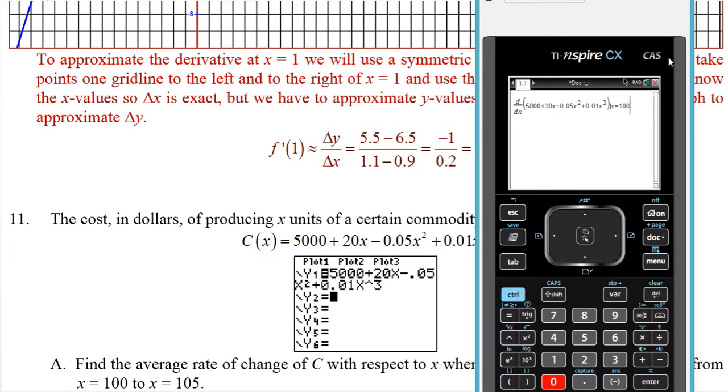Now I have the CAS version, so if I hit enter, it's going to give me an exact value. But if you don't have the CAS version, when you hit enter, it'll be an approximation. In this case, that's exact. It is the exact value, 310.